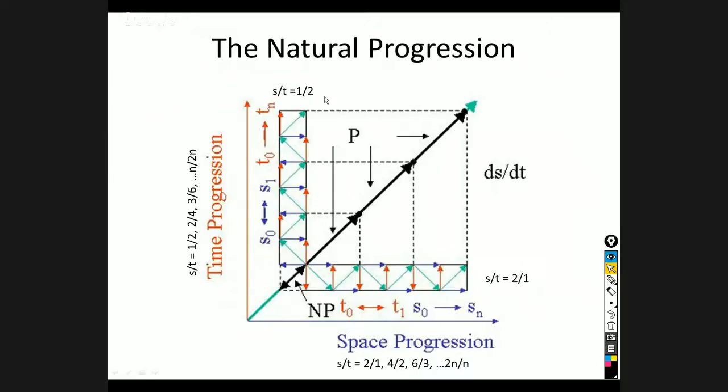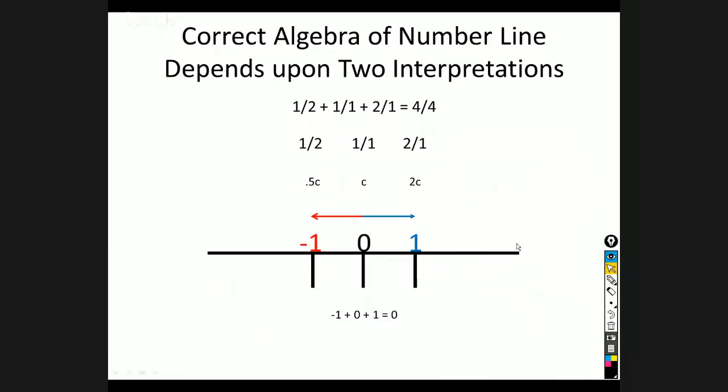But now this one, see, in our regular math, what's 1/2? 1/2 would be 0.5 C, and this would be 2 C. So now I'm back to where I wanted to be. So we need to understand what is happening here with the correct algebra of these number lines. They depend upon two interpretations of numbers.